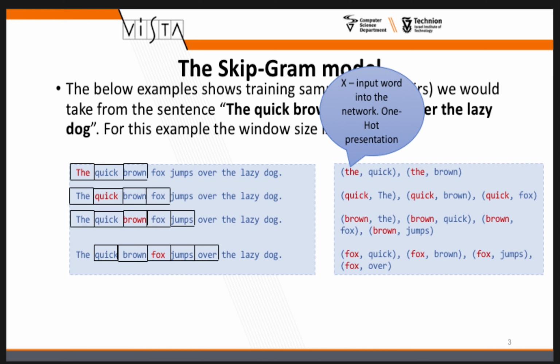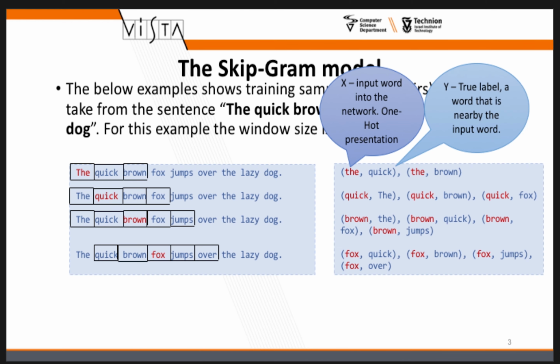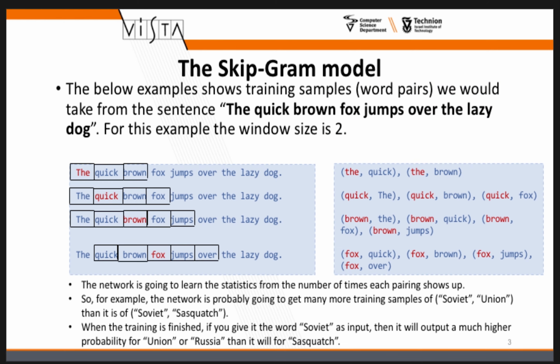Okay, great. So X is the input, a one-hot representation, and Y is our true label, the word nearby the input word. The network is going to learn statistics from the number of times each pairing shows up, so the probability is going to get many training samples.